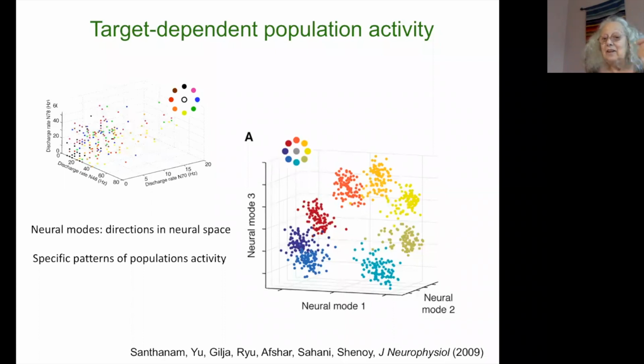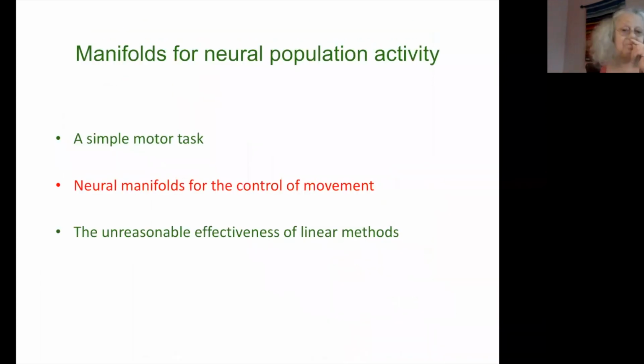So if you have two neurons, N1 and N2, and the vector goes in the 3-1 direction, it means that every time neuron 2 fires a given amount, neuron 1 is going to fire 3 times as much. You could excite this mode more or less, but you are always on that line that indicates a particular relationship between the firing rates of these two neurons. So neural modes are directions in neural space, and they indicate specific patterns of population activity.